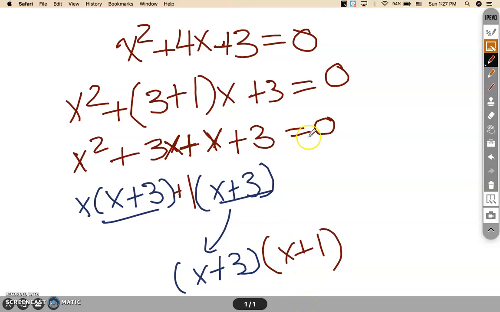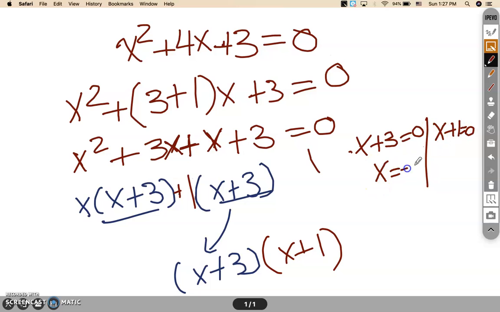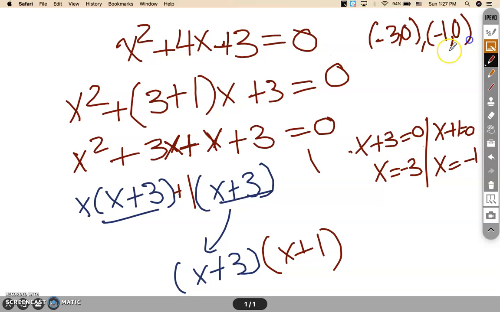So that means my x-intercepts are going to be, when I make both of these equal to 0, what I mean by that is if I split these into two different equations, x plus 3 equal to 0, and x plus 1 equal to 0. If I solve for x, this will be equal to negative 3, and this will be equal to negative 1, okay? So my x-intercepts are going to be negative 3 and negative 1. So negative 3, 0, and negative 1, 0. I'm going to write that up there.